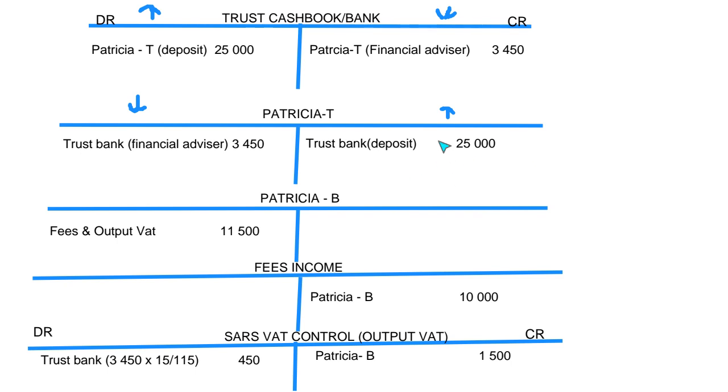Initially Patricia had 25,000. We paid 3,450 out of 25,000. It means we're still left with enough under Patricia's account. So how much are we left with? We are left with 21,550.